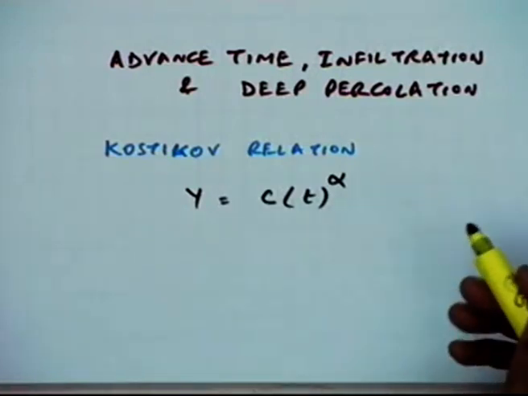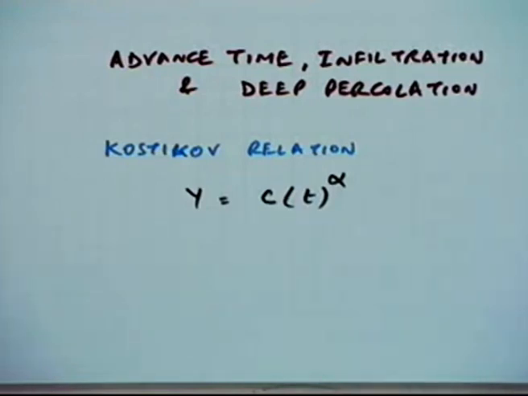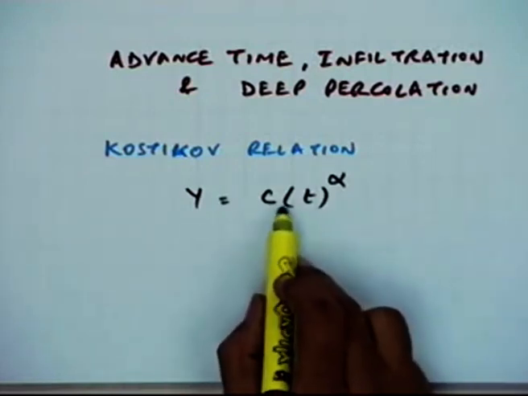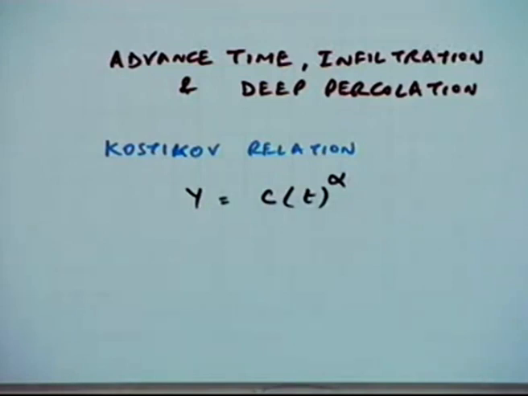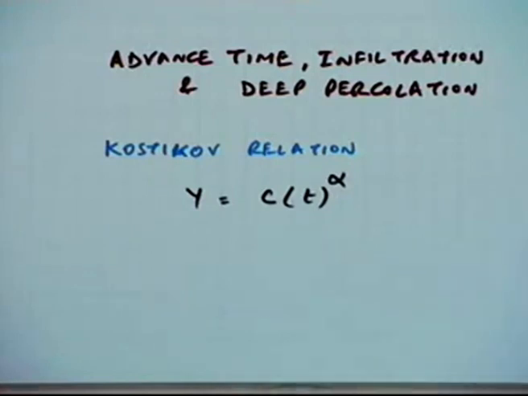C and alpha are the empirical constants or these parameters. We had also seen that how we can derive these parameters from the observed infiltration data which is taken in the field. So these are basically defining the type of soil. For each type of soil, these parameters are known. And T is nothing but the infiltration opportunity time.